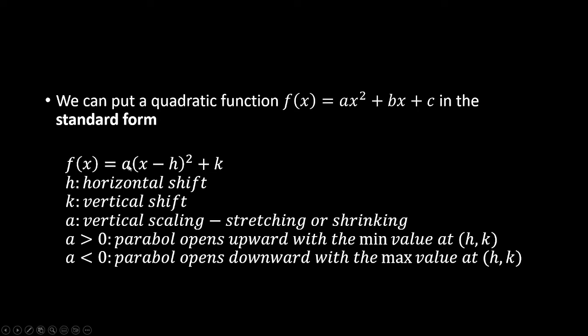This a tells you if it's going to be stretching or shrinking of the graph. Now, if a is positive, the parabola opens upward, and the minimum value is at (h, k). If a is negative, the parabola opens downward, and the maximum value is at (h, k).